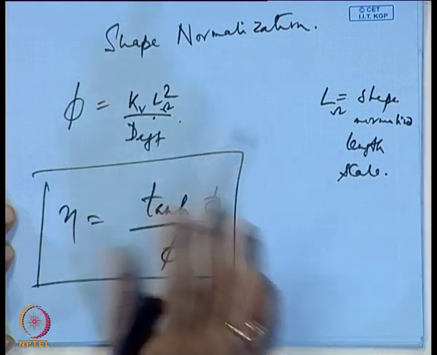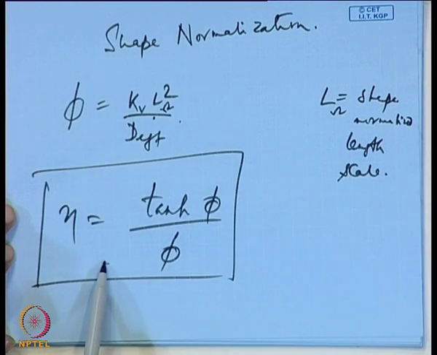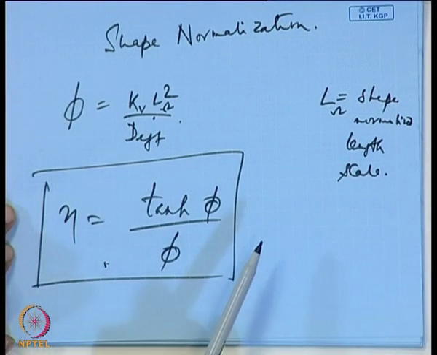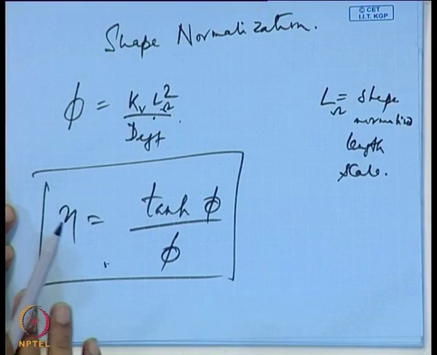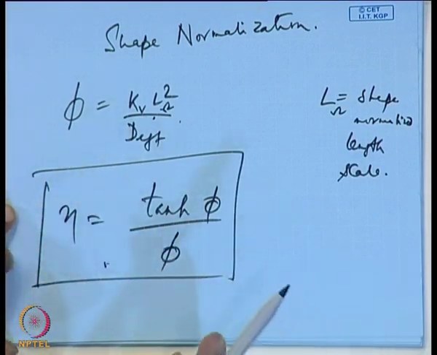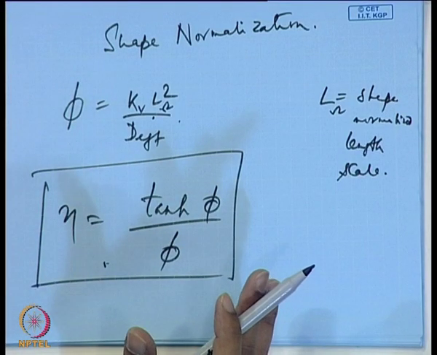So, you can just use that shape normalized value of radius and then use this formula. This is not going to be a 100% perfect solution, but you are 95% there in terms of your eta. So, the advantage is that if you want to use it for a formula in something and you do not remember it, you can just remember this single formula and then rescale your phi based on that, fine.